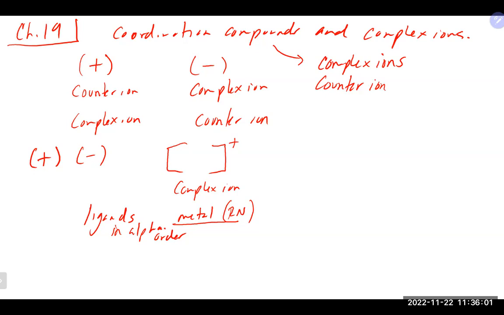Now, if your complex ion is negative, it still works pretty much the same way. You're going to go with your ligands in alpha order as well. But the metal will be the old school way of naming metals that typically end in ate, like ferrate, cuprate, plumbate, zincate.